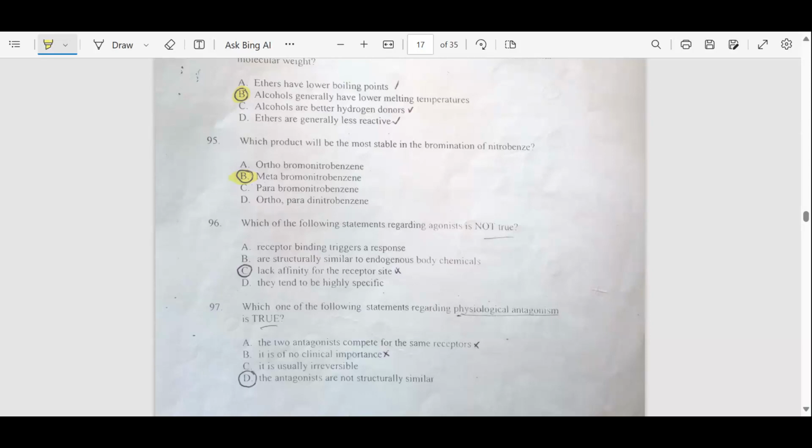So the most stable compound from bromination of nitrobenzene will form meta-bromonitrobenzene.